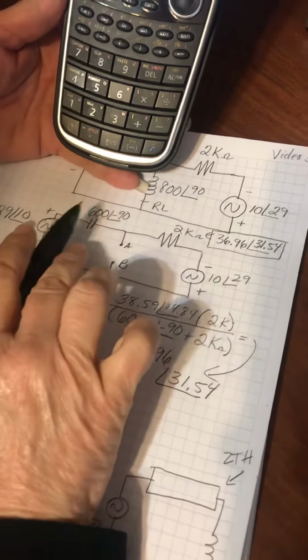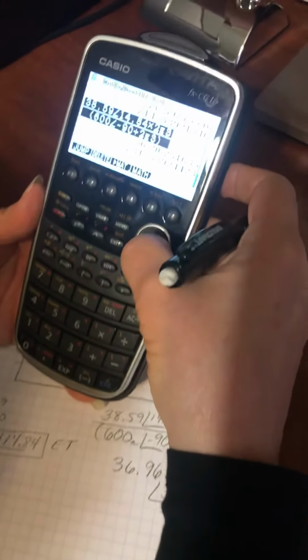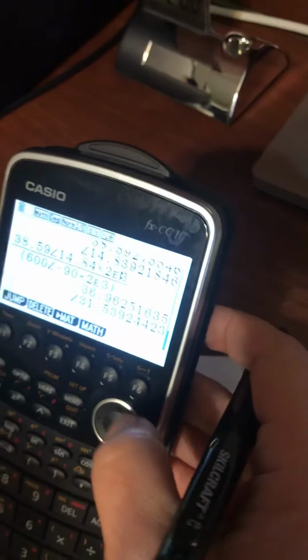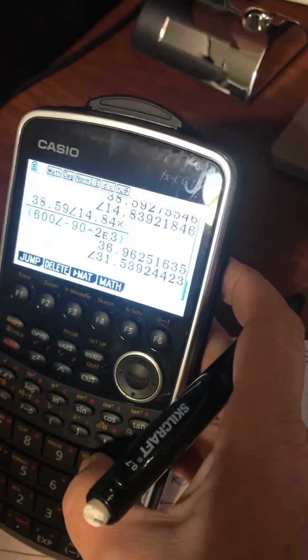Just for fun, I'm going to get the voltage here as well. All I would have to do with this little handy dandy calculator is just put 600 at an angle of negative 90.